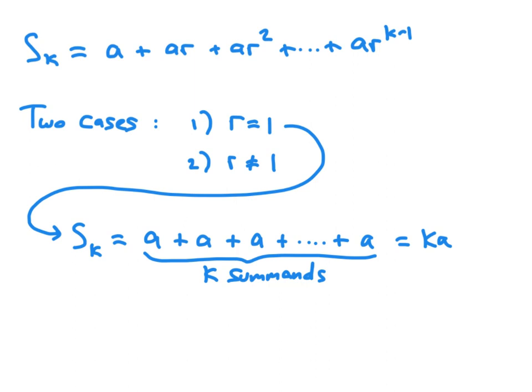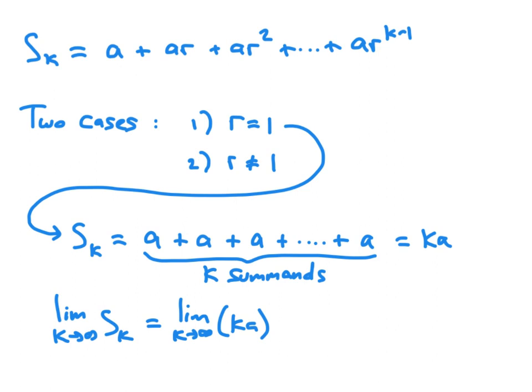And so if I want to determine whether our geometric series converges or diverges, we simply want to take the limit as k goes to infinity of this particular partial sum. And so here we have the limit as k goes to infinity of s sub k. This will equal the limit as k goes to infinity of k times a, that product. And remember here that a is a non-zero number, but otherwise it's just a fixed number. It's just an unknown number.